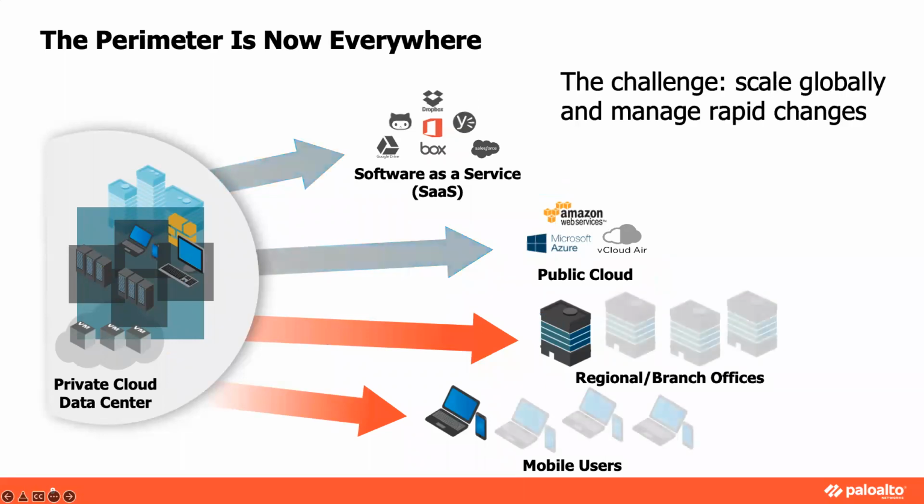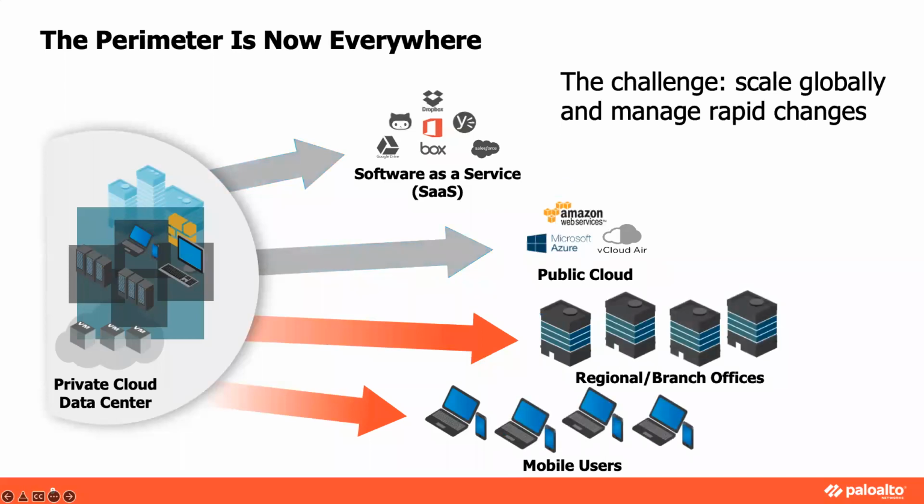And you've also got multiple different branch offices and remote offices and storefronts and those sorts of things that you have to protect that are, again, outside of your traditional data center. And of course, in the last 2 years, the explosion of mobile users.